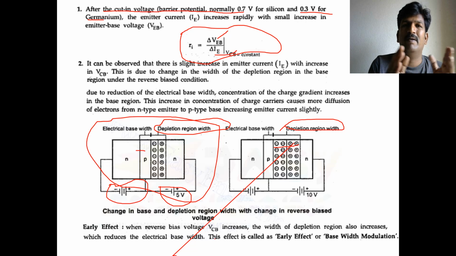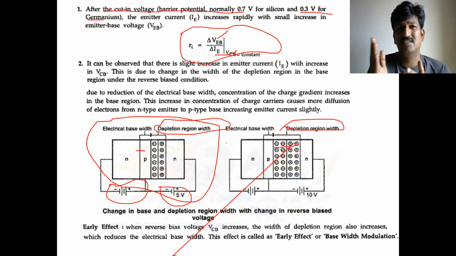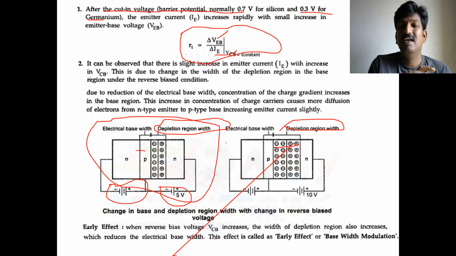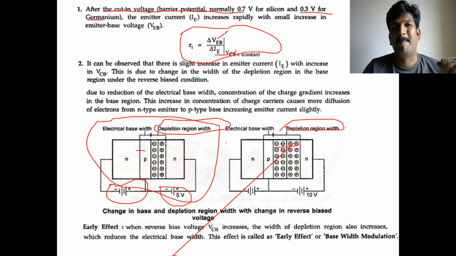Why? Because the collector material doping level is very high compared to the base material, so the depletion region is going to be extended more into the base material. This effect you can call the early effect, or base width modulation. It means the base width also changes according to the external power supply between the collector and base.